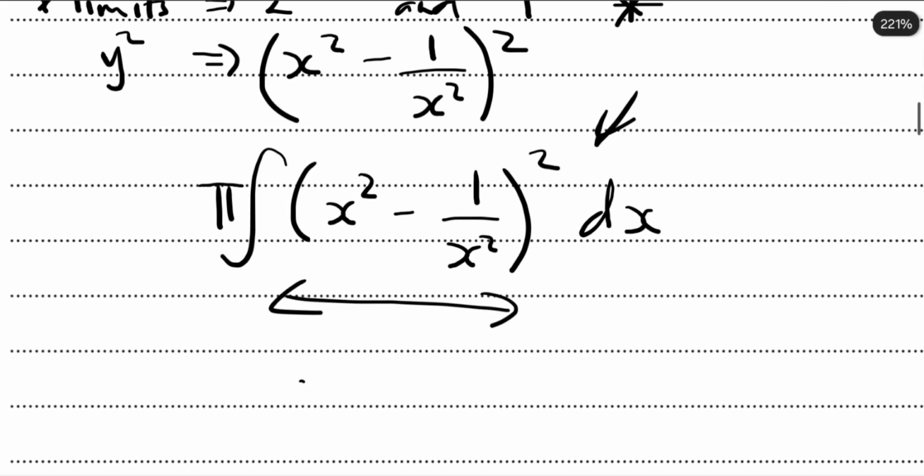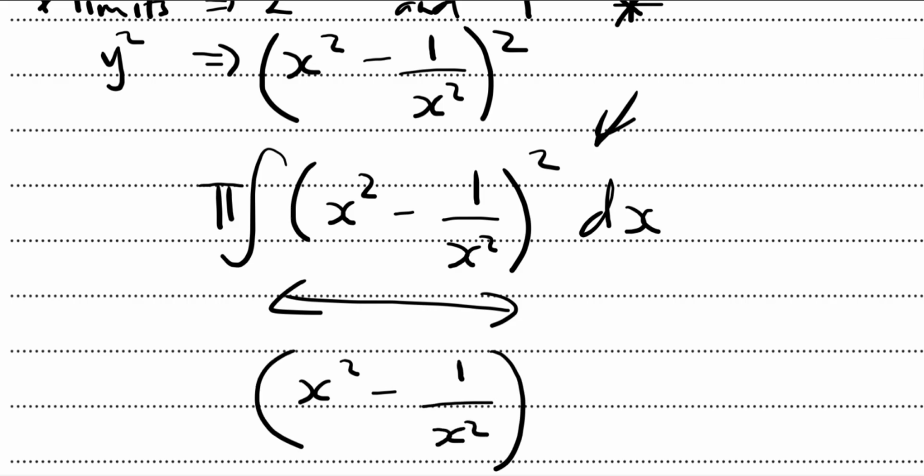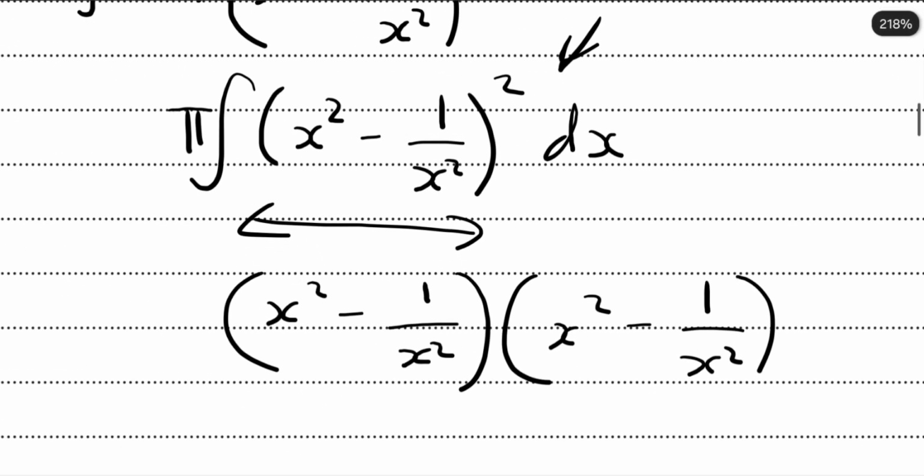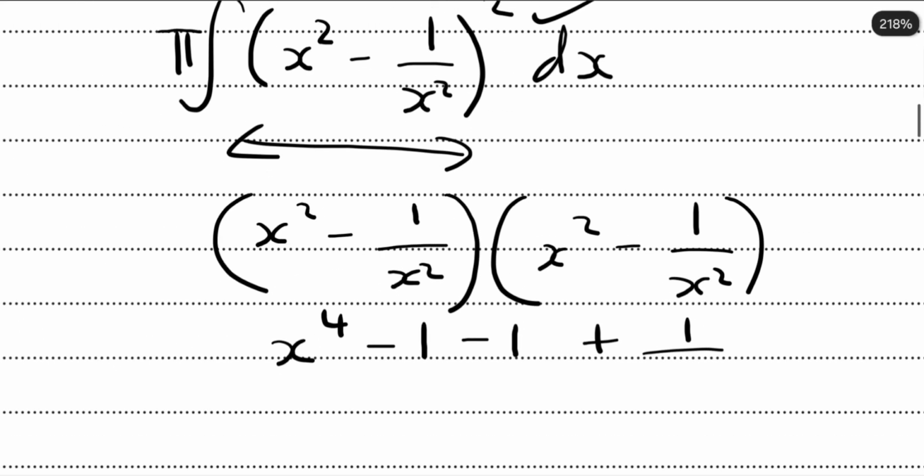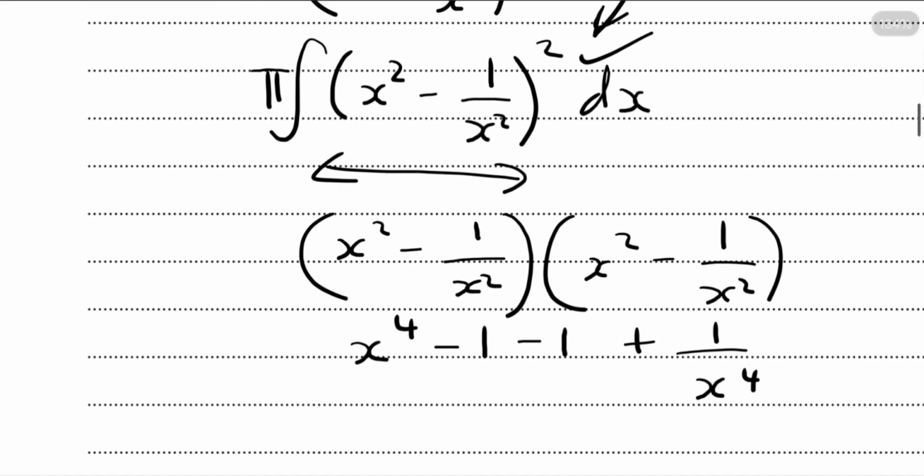So expanding this, it's x squared minus 1 over x squared, times x squared minus 1 over x squared, because the bracket is multiplying itself, that's why we have a squared here. So x squared times x squared, we get x to the power 4, then minus 1, minus 1, plus 1 over x to the power 4.